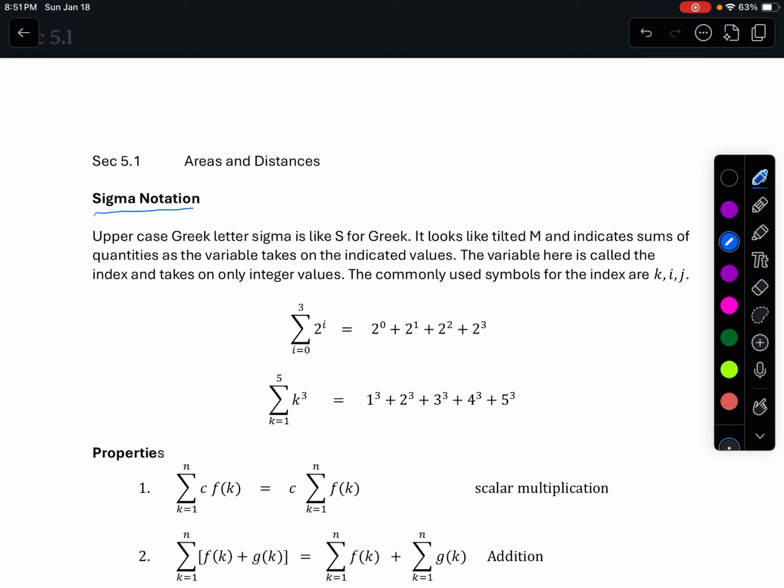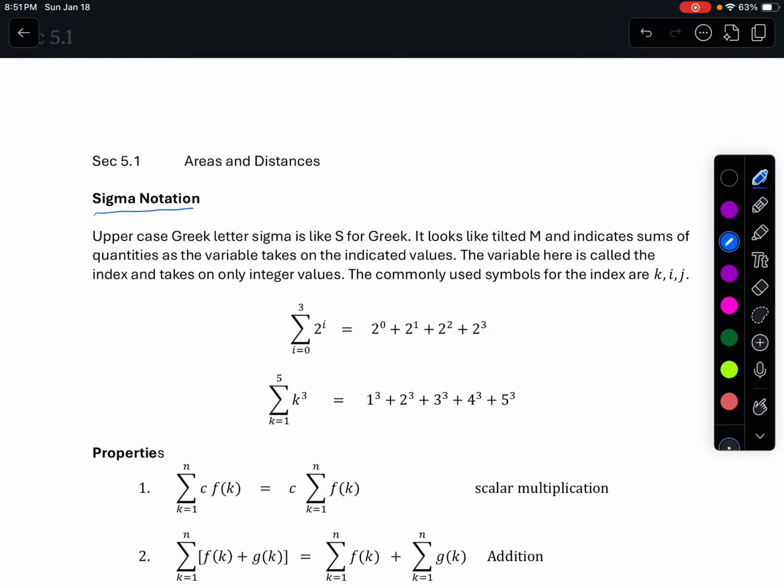Now, what is sigma? You might have seen it in the name of a fraternity or a sorority. They use these Greek letters, which are alpha, beta, gamma, delta, eta, and so on.